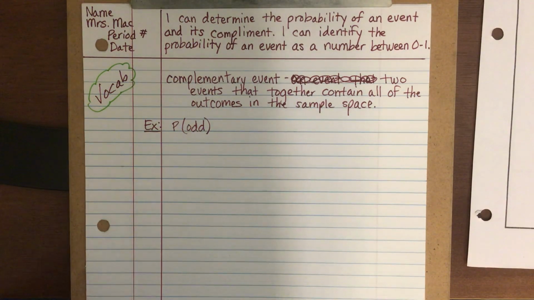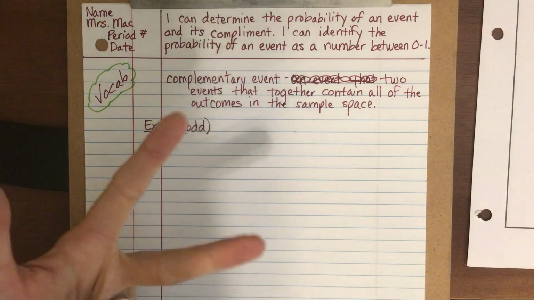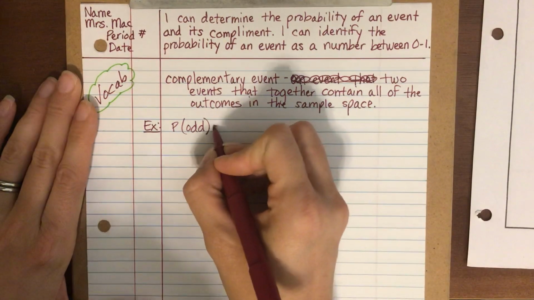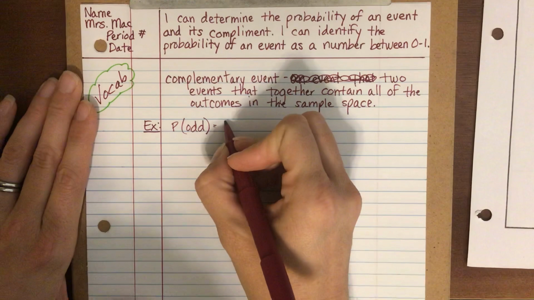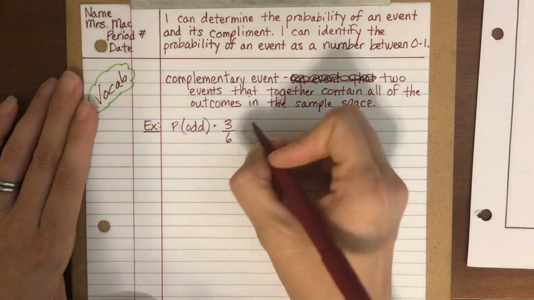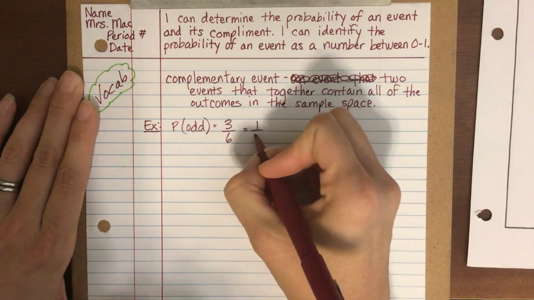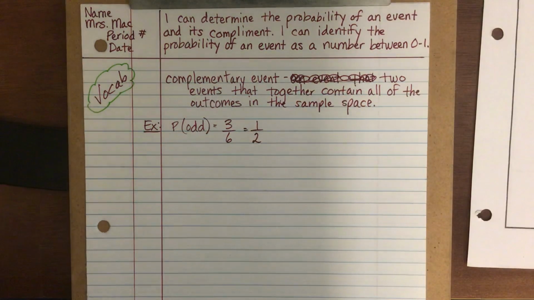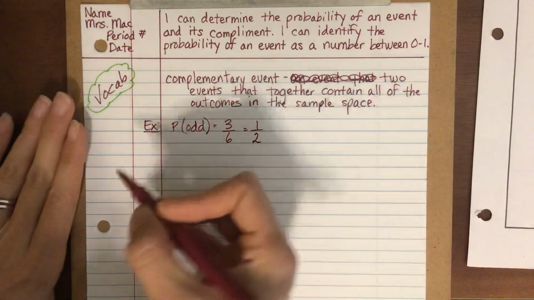That's the sample space. So the odd numbers are 1, 3, and 5. So that means your probability of getting an odd number is 3/6. And if we simplify that fraction, you get 1/2. Now just a reminder, we can represent this as a decimal, as 0.5 or 50%, but we're gonna leave it as a fraction for this case.